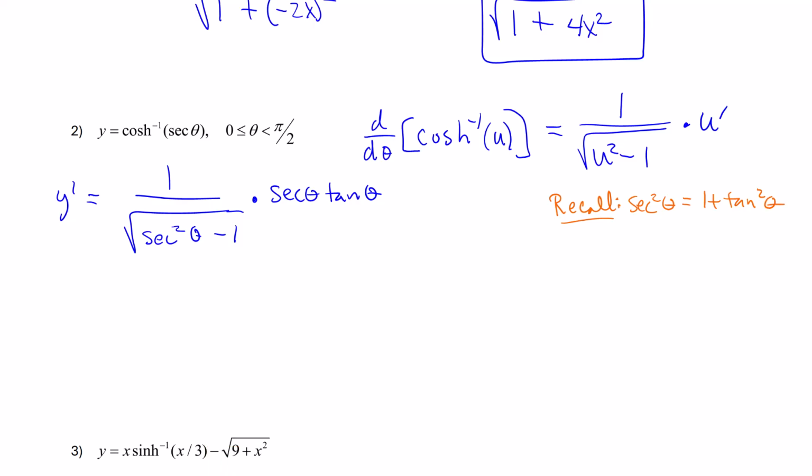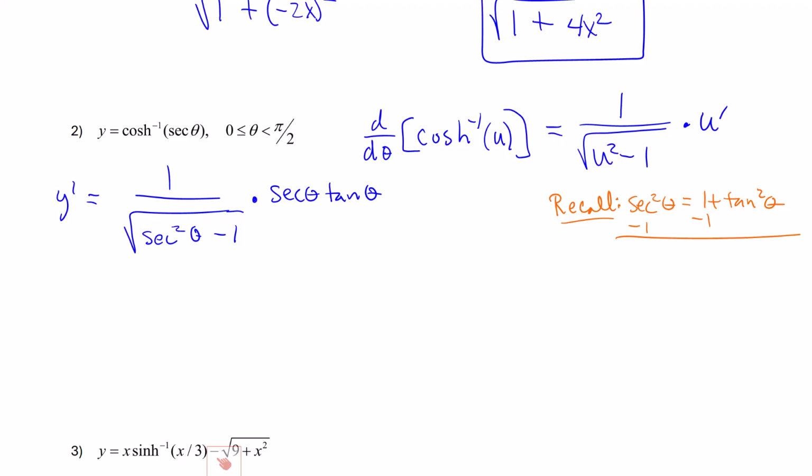The reason it's helpful to remember that is because what we have in our denominator underneath the root is a slightly different form of that. So notice what would happen if I subtracted 1 from both sides of this basic trig identity, that is, secant squared theta equals 1 plus tangent squared theta.